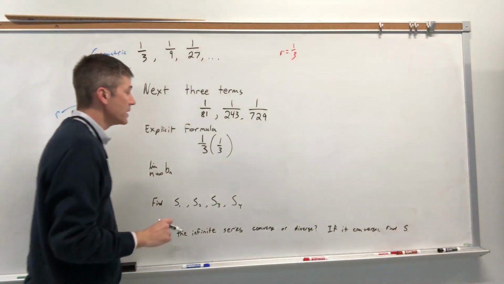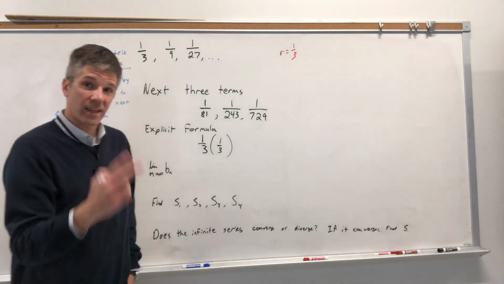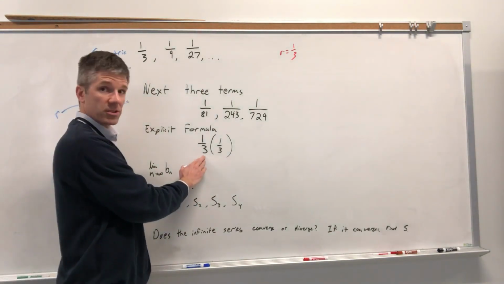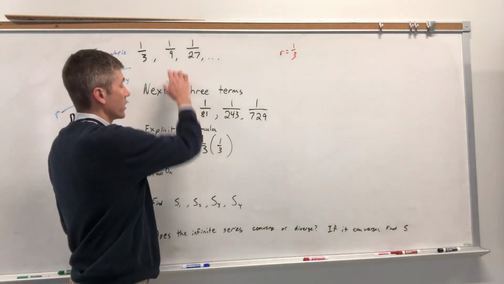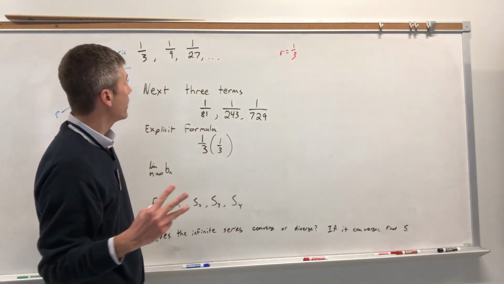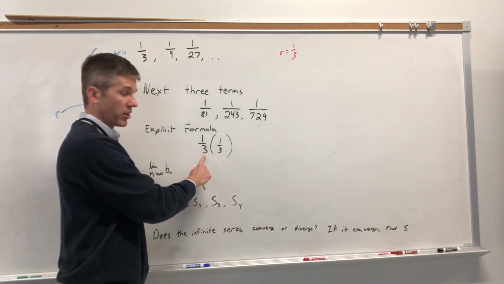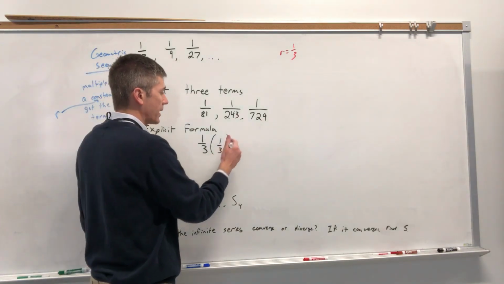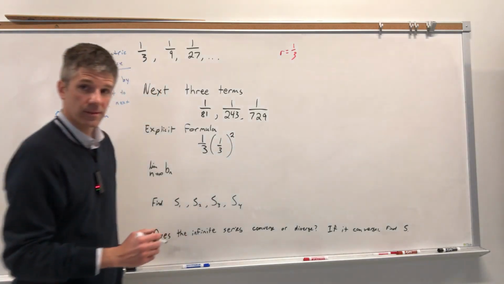So if I wanted to go to the second term, I would do my first term times the third, and it would give me 1/9. If I wanted to get to my third term, I would take my first term and multiply it by the common ratio 2 times.